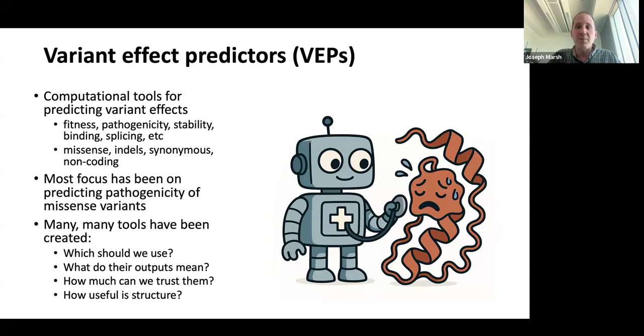But one of the big problems that we have in the field is that many of these computational tools have been created, which leads to questions in terms of which tools should we use, what do their outputs actually mean, how much can we trust them, and how useful is protein structural information within these tools.